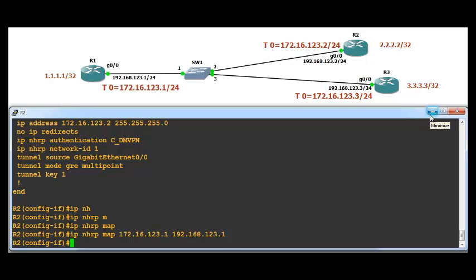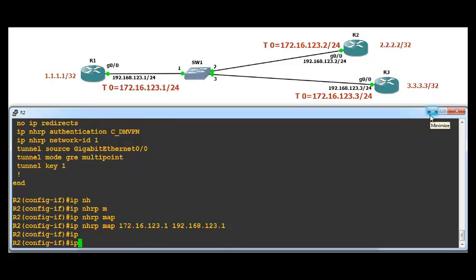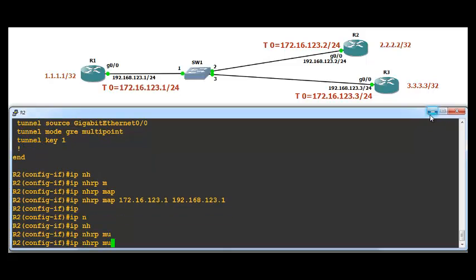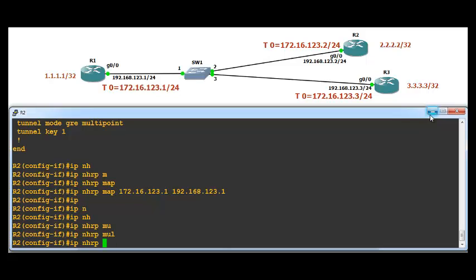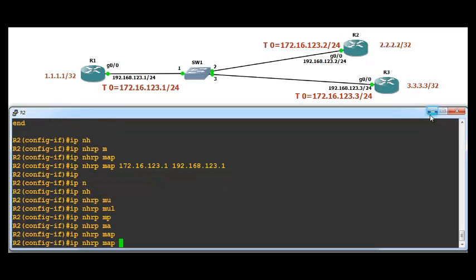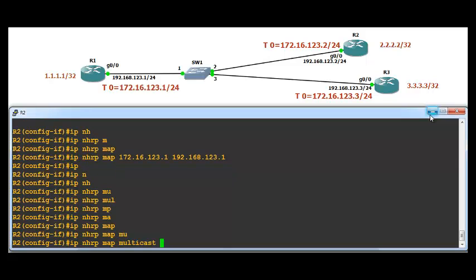How? I'm saying, hey, you need to send all the multicast traffic. IP NHRP map multicast: all the multicast traffic you map to, meaning you send all your multicast traffic to the hub router. Who is your hub router? 192.168.123.1.